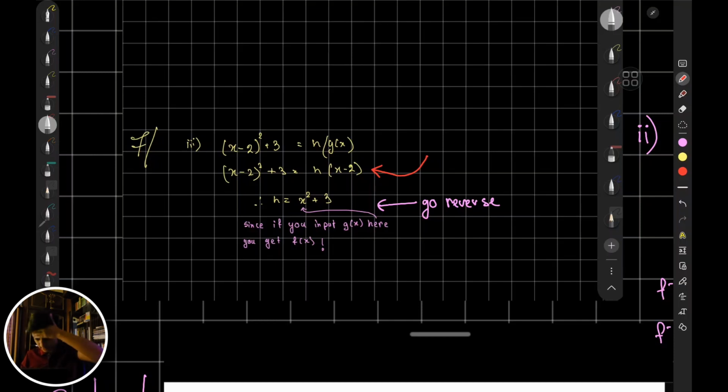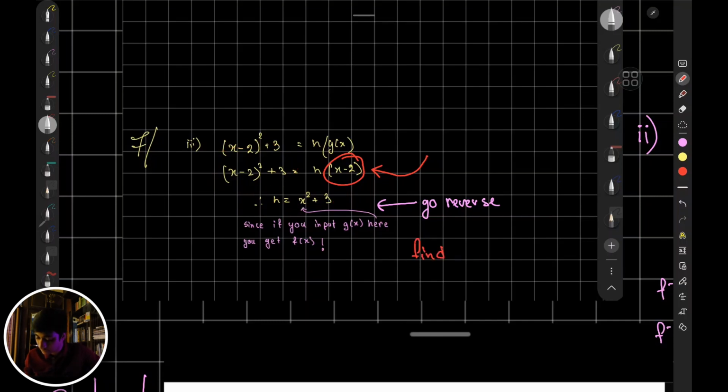The point is, since h is a function of x minus 2, you have to figure out an expression for h where if you plug in x minus 2, this is the exact expression that you get.